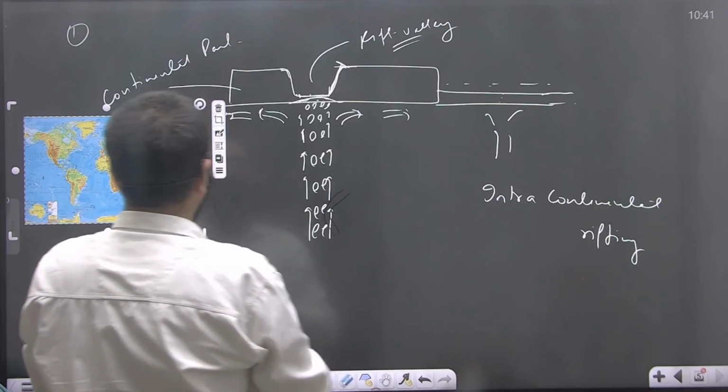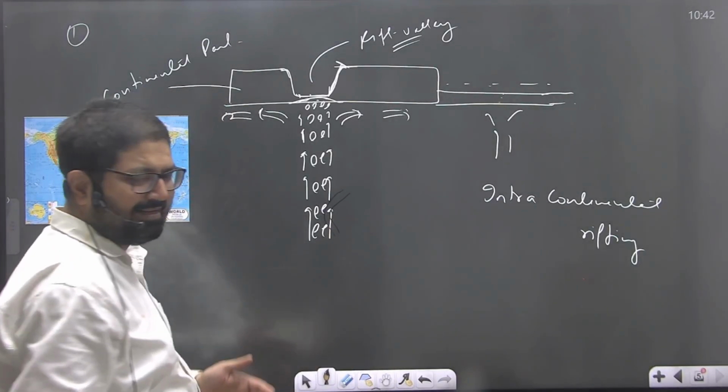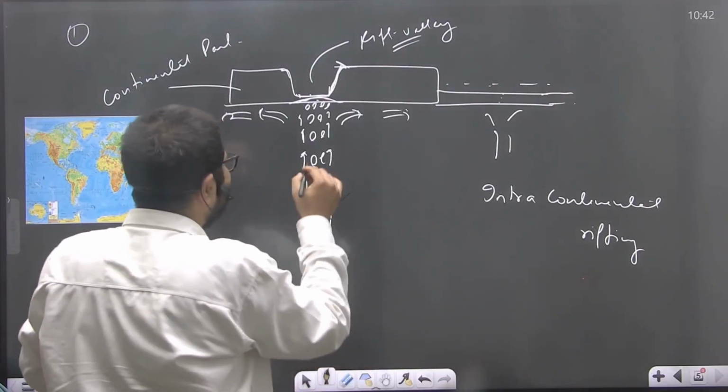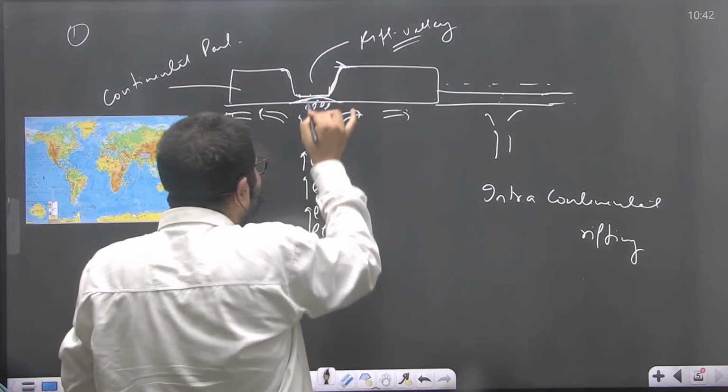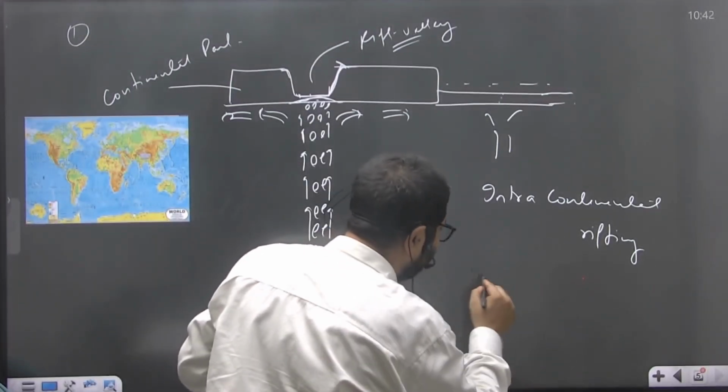Now, first stage over. Now second stage. Second stage is called interplate thinning. In the second stage, this regular melting continues.